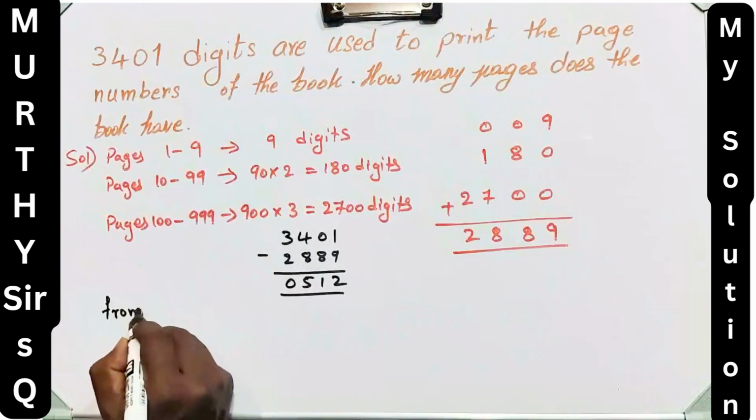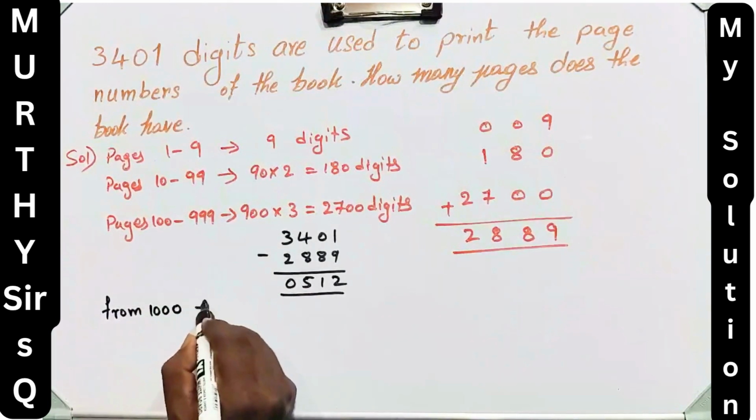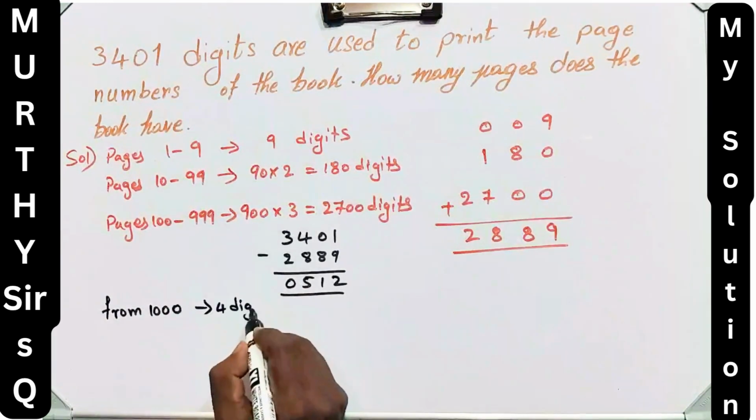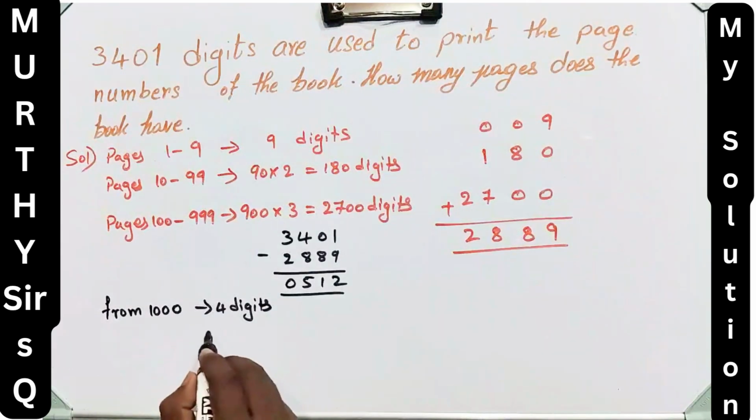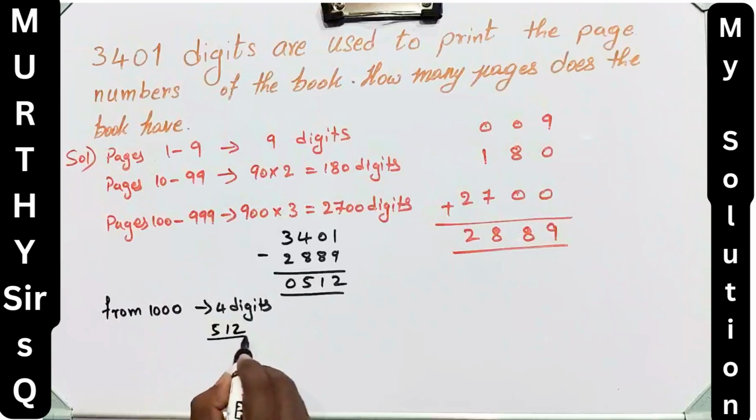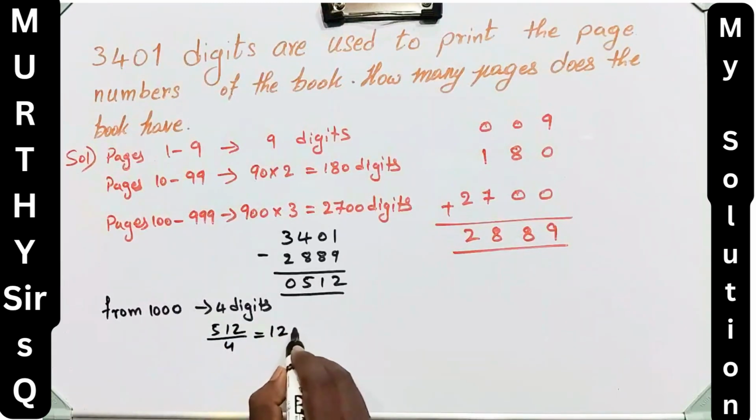From 1000 we will have 4 digits. So divide 512 by 4. So 512 divided by 4 is equal to 128, right?